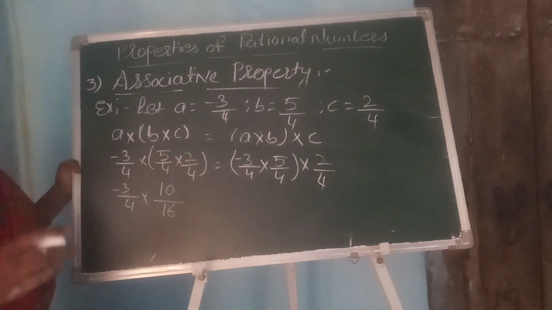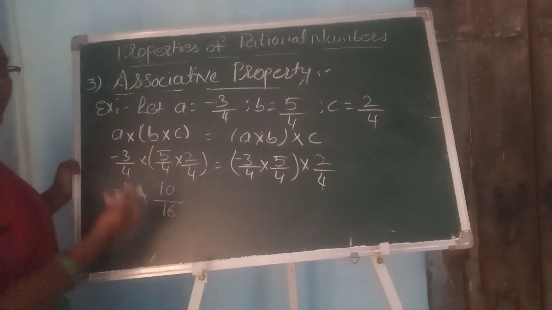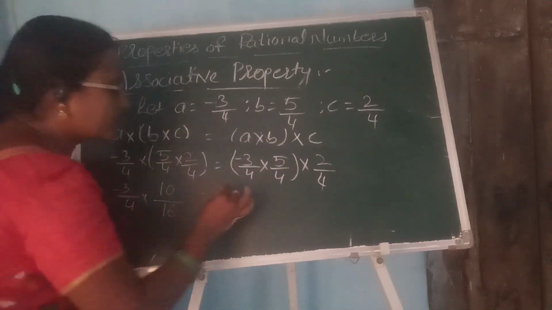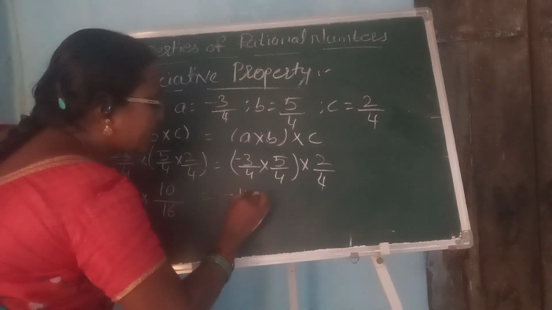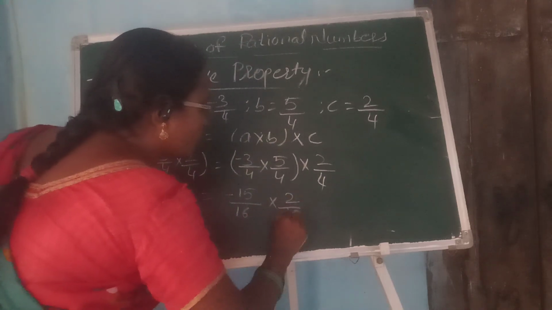What I said for the multiplication, you should not take the LCM, you have to multiply both the numerators and also the denominators. So minus into plus is minus, 3 5s are 15, minus 15 by 16 into 2 by 4.